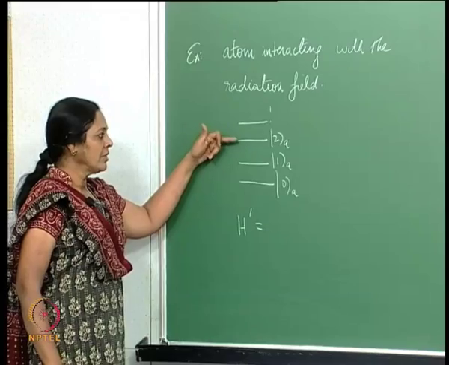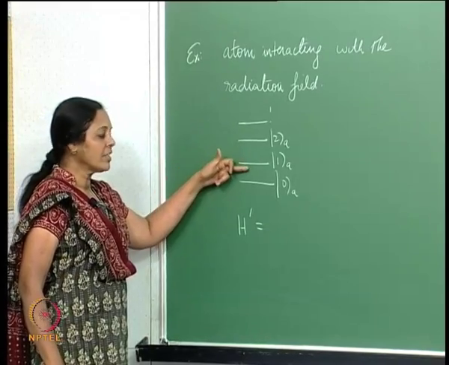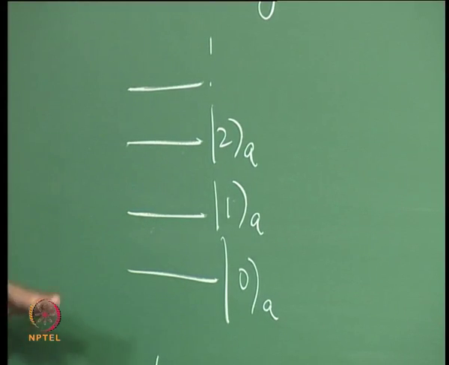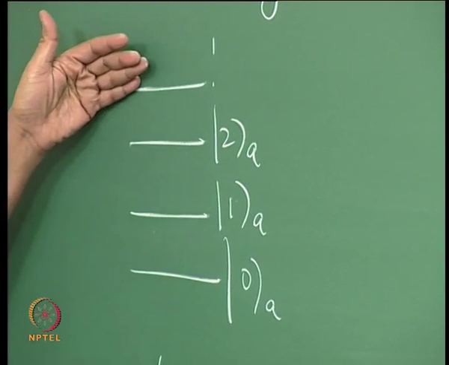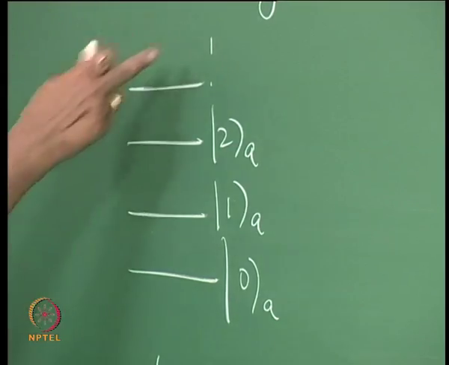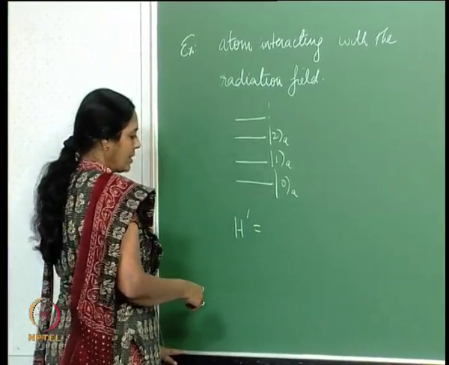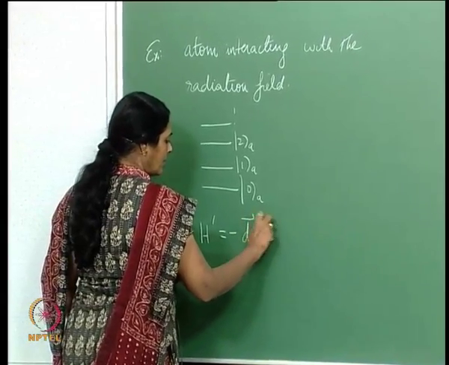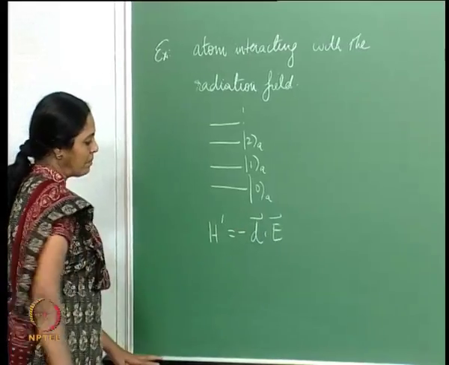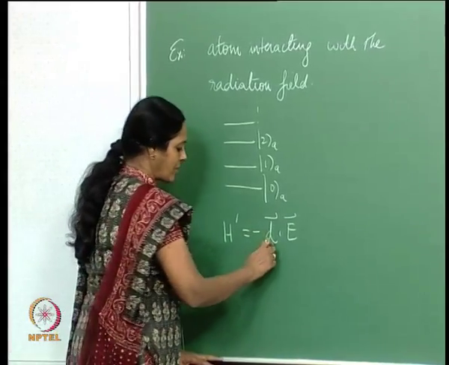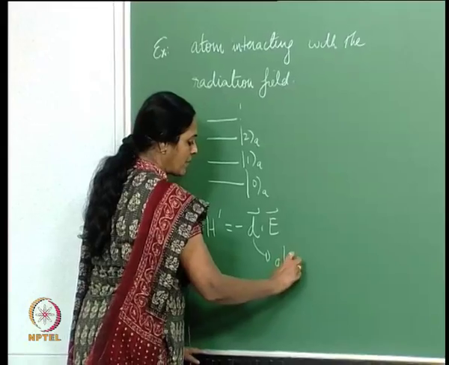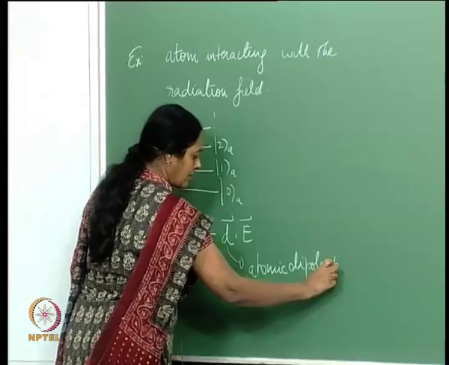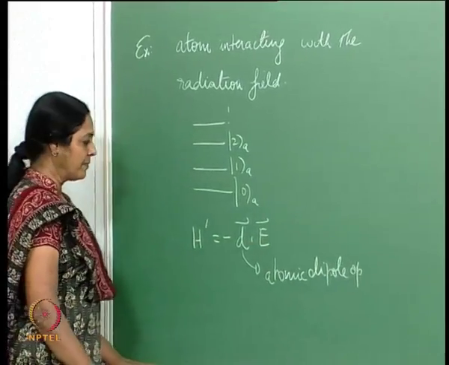Because of the perturbation, the atom could jump from a higher level to a lower level, releasing photons, or it can go from a lower level to a higher level by absorbing photons from the radiation field. And a common example of H prime is minus d dot E, where d is the atomic dipole operator and E is the electric field.